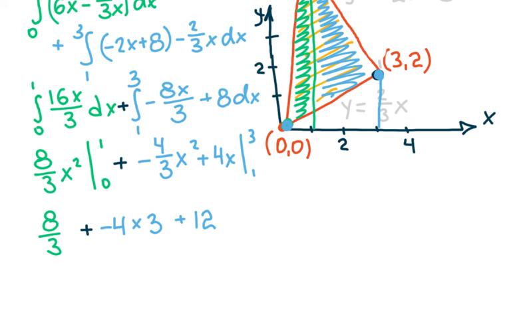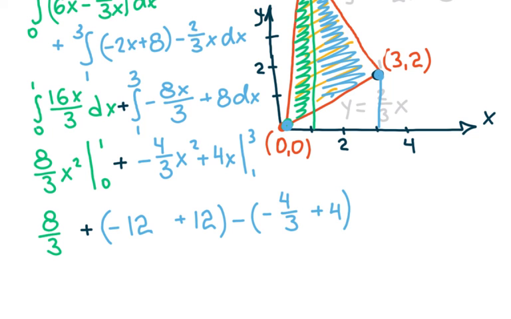So I'll have negative 12 and a positive 12. And then we do the same for 1, so I have to subtract. I'll have negative 4/3 plus 4.